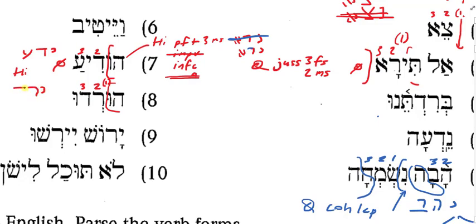Do I have a verb like yarad? Have I seen that? What does yarad mean? In the cal, it means to go down. I have a hey prefix. That could be hifil or hofal, right? When I have a shurik, what vowel class is that? That's U class. So which one of these is it more likely, hifil or hofal? It's a hofal.